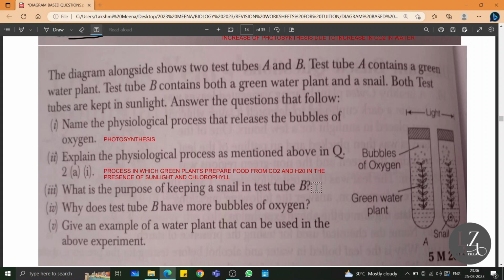What is the purpose of keeping a snail in test tube B?